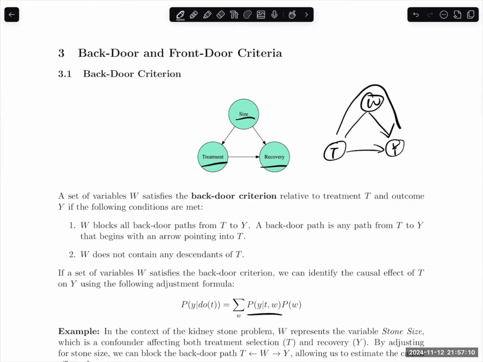By adjusting for stone size, we effectively block the backdoor path between the treatment and the recovery, allowing us to estimate the true causal effect of the treatment on the recovery. And this backdoor adjustment is crucial for removing the confounding effects that could otherwise lead to biased conclusions.